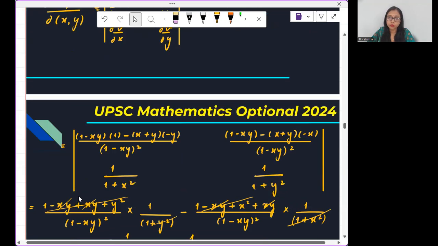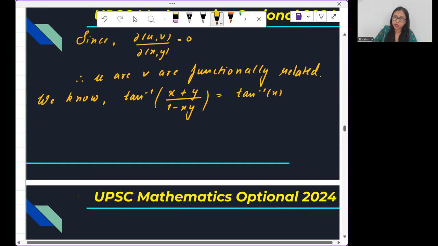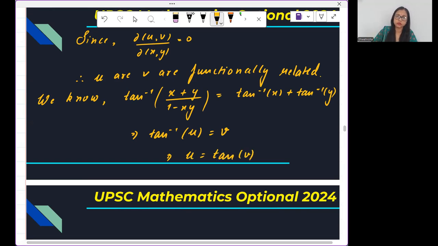Remember, we know tan inverse of x plus y divided by 1 minus xy is equals to tan inverse x plus tan inverse y. It implies tan inverse, this is u and this is v. So u is tan of v.